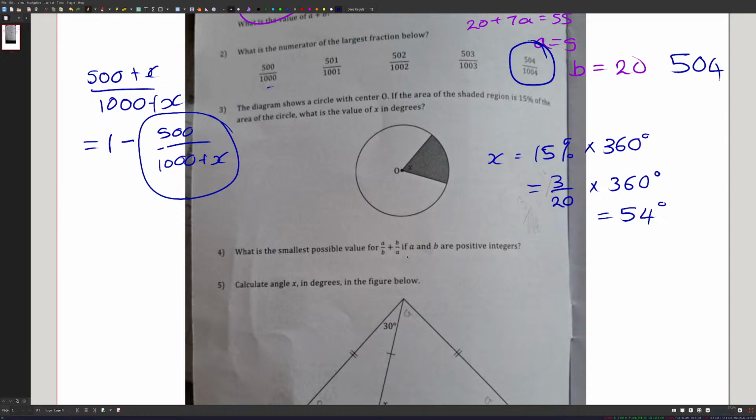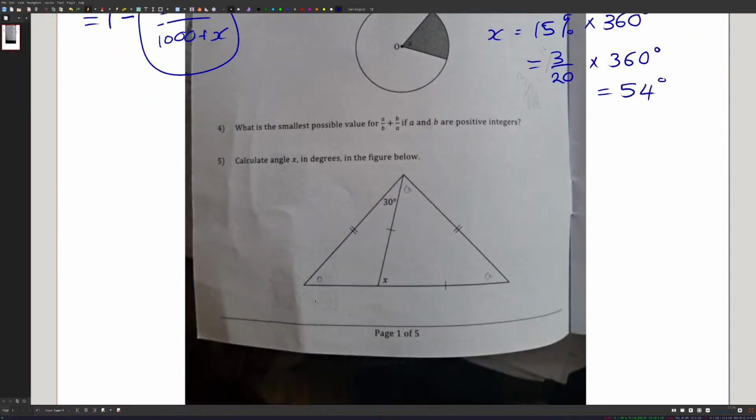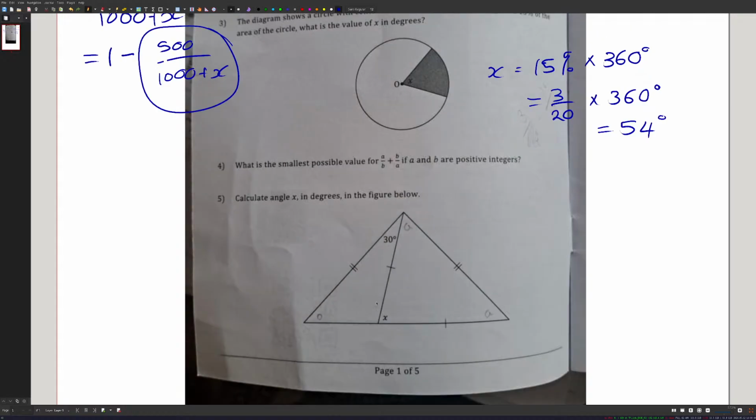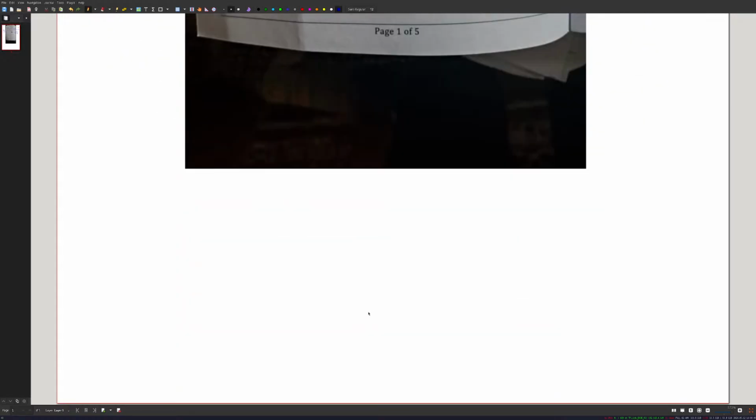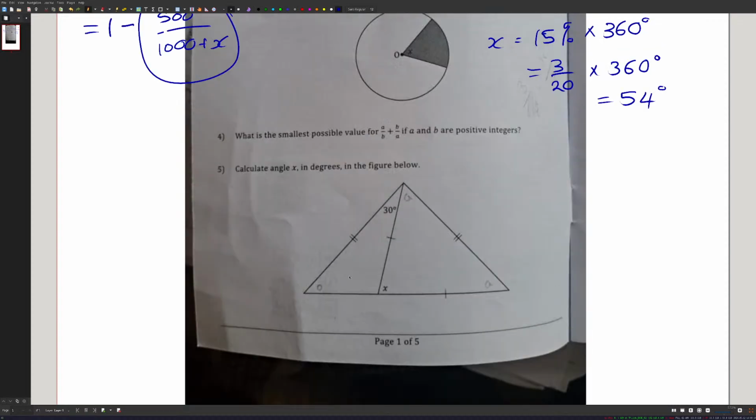Question 4 is a little bit mean, because if you don't already know the answer, it's unlikely that you're going to, well, maybe it's reasonable to expect you to be able to figure it out. So the answer is 2.